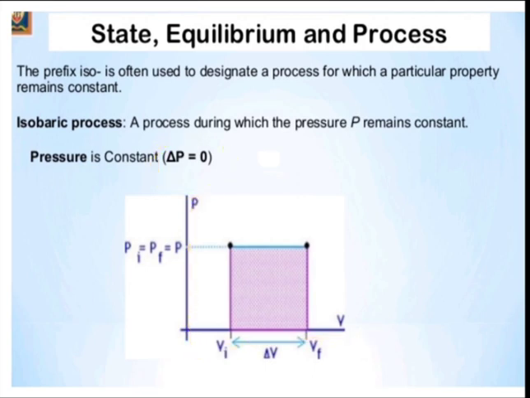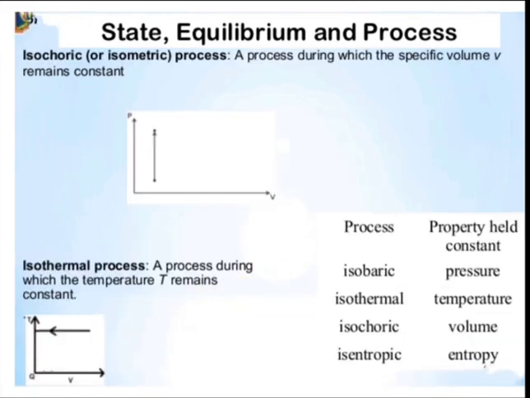Initial pressure is equal to final pressure. So this diagram represents delta P equal to 0, or change in pressure equal to 0. Then the isochoric process: here pressure is changing on the y-axis but volume is constant. So this is the isochoric process, and it is also known as the isometric process.